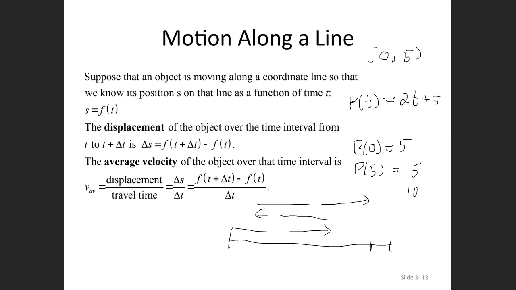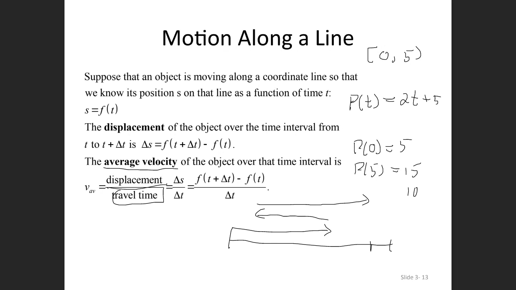It's just going straight. Now, the average velocity, this is super, super important because we're going to be talking about instantaneous velocity on the next slide. But the average velocity is displacement over time. That is average velocity, displacement over time.